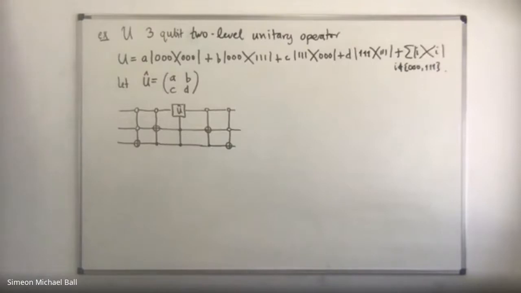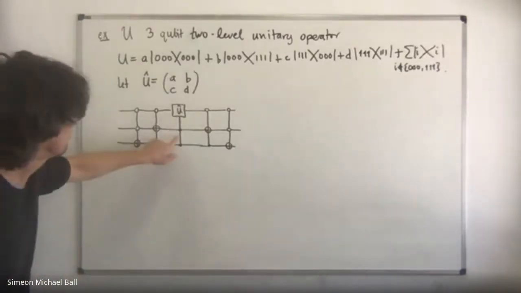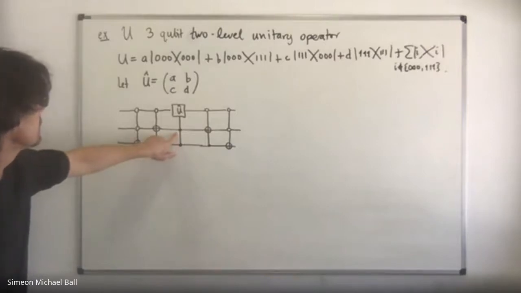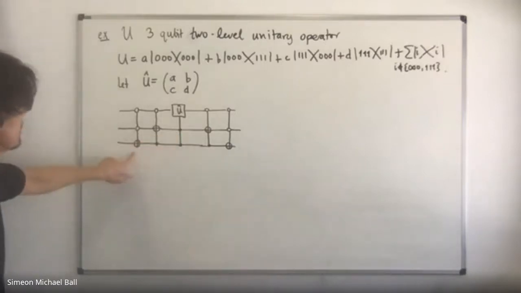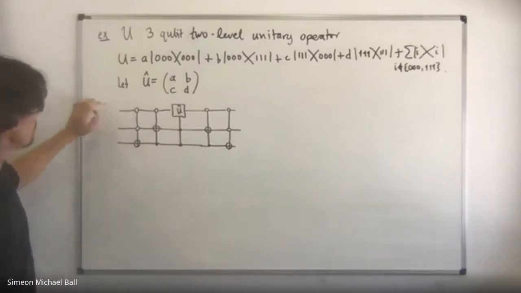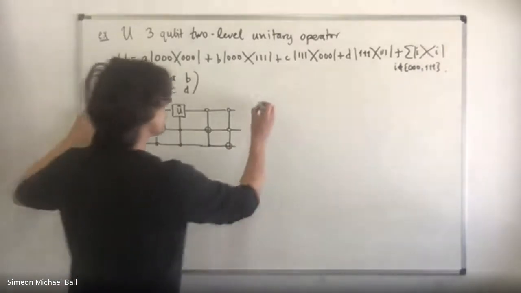Well, they both want to have 1, 1 on the second and third qubit. Okay, and you can see that this is what this is going to do here, right? So 0, 0 comes in.